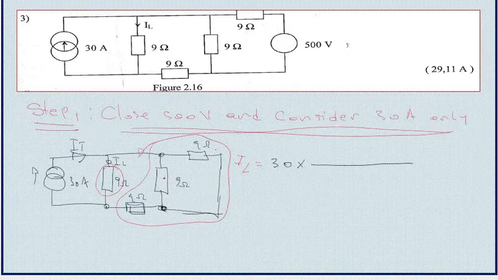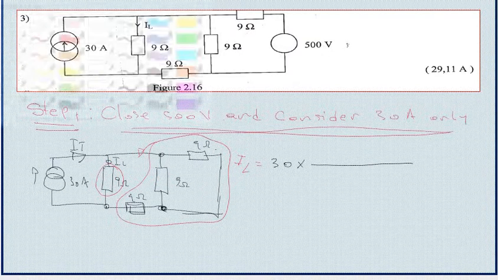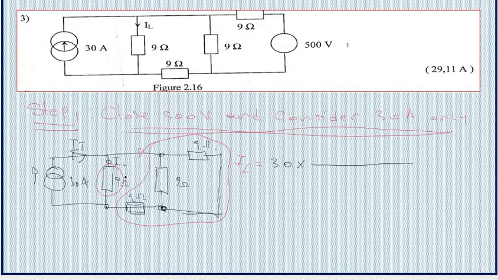At the bottom I'm going to add these two blocks. The first block is 9 ohm plus the second block, which I haven't yet determined, so for now I will just write down the brackets.